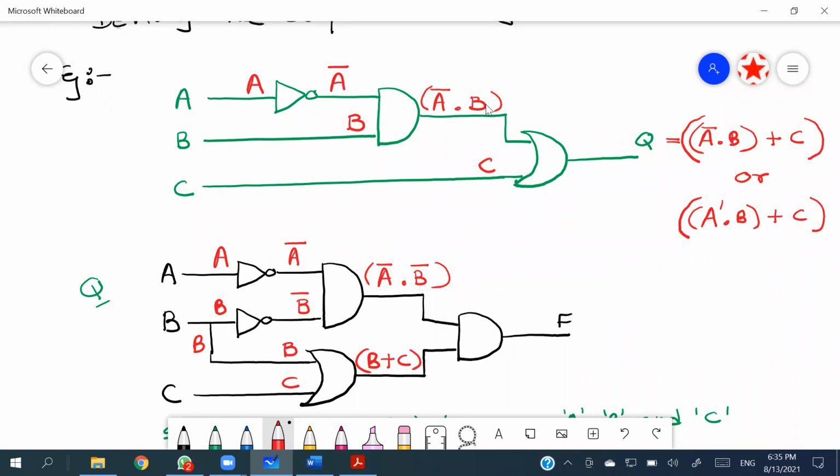And then it's going to be the input for this AND gate. So the AND gate is going to multiply whatever it is receiving.